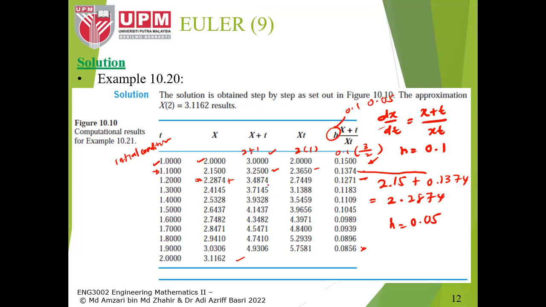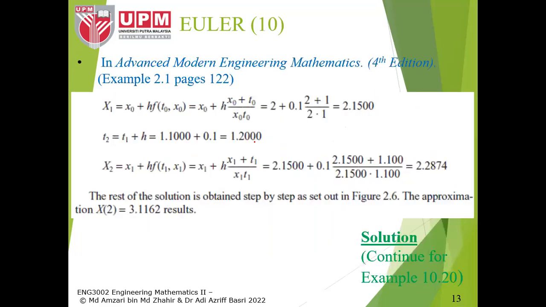So instead of 1.0 to 1.1, it becomes 1.0 to 1.05, then 1.10, 1.15. So all these calculations will get a different x value. So the smaller h will produce a more accurate result. Okay. So this is how the Euler method functions.